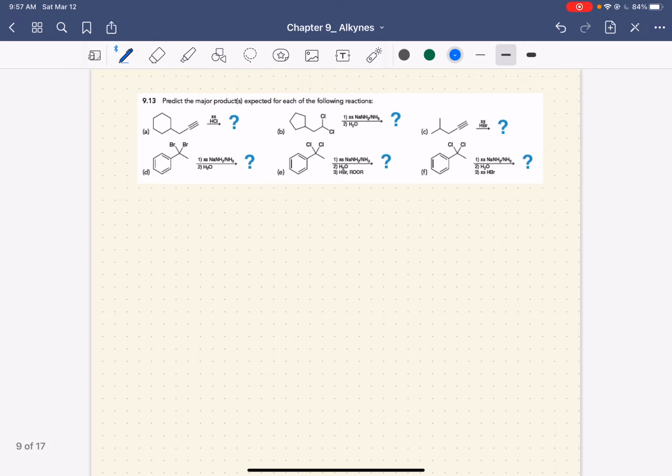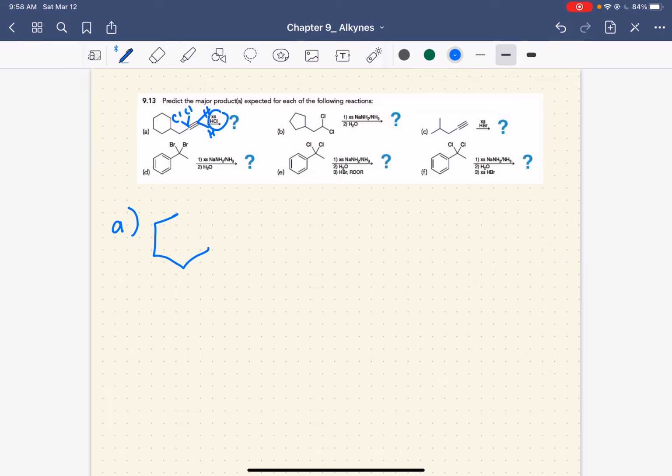Let's do some practice problems with these because that's really going to be the best way we're going to learn this. So if we look at A, we're taking this triple bond, we're treating it with excess alkyl halide. That means to the more substituted side, we're going to just keep adding halogens until the triple bond is a single bond, and hydrogens are going to be added to the least substituted side.